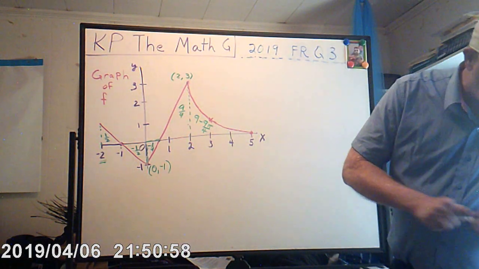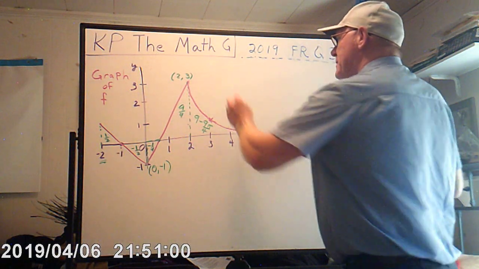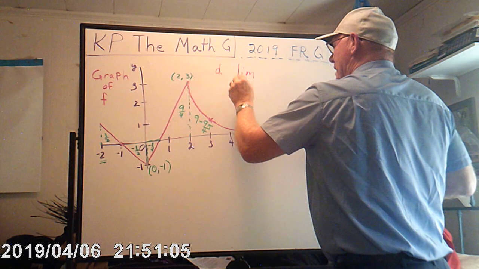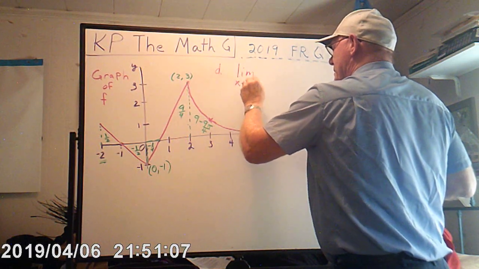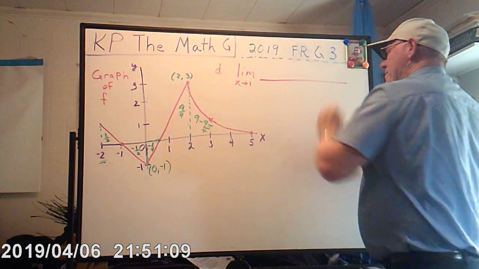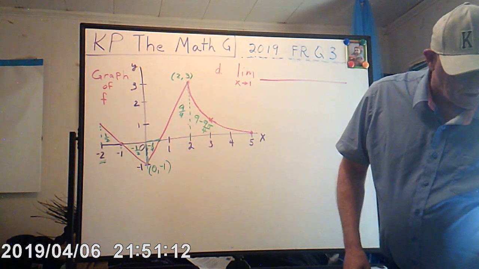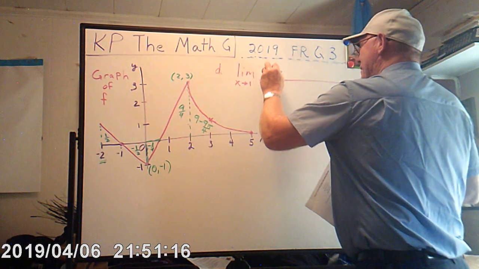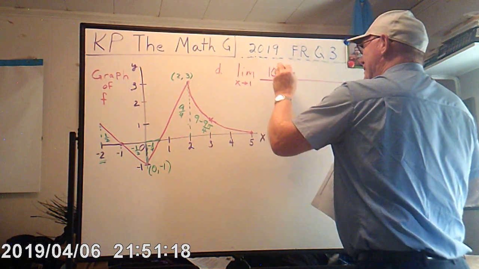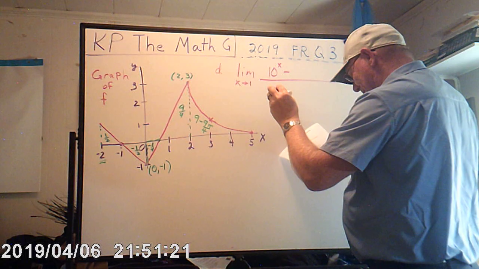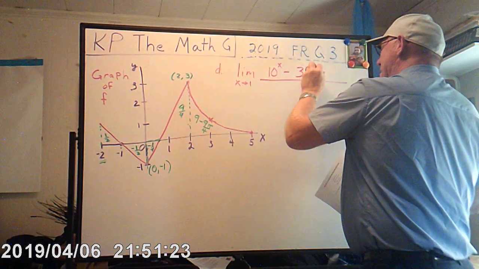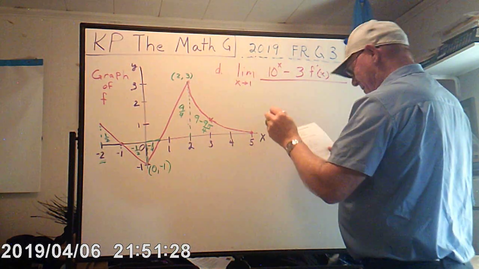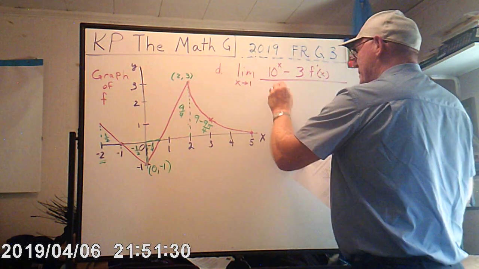Okay, so let's look at this last one here. This is part D. This is the last one. So we want the limit as x approaches 1, and boy do they have a nice limit here. I'll say nice; it looks intimidating at first, and I don't know if they really want to intimidate anybody, but it's not as bad as it looks.